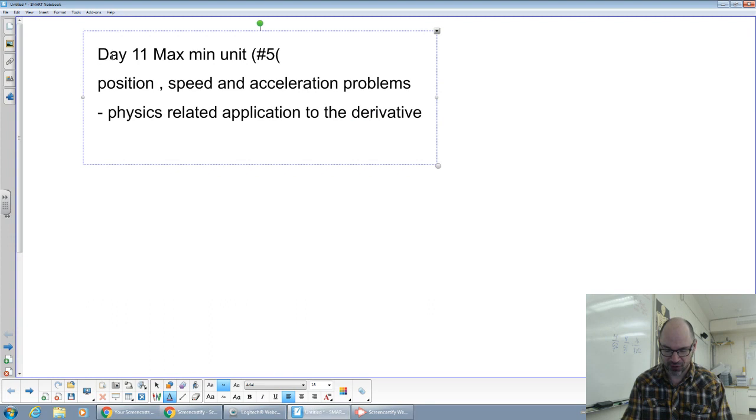And then we'll look at some examples of that, and then practice. And that'll be our general idea for this morning.